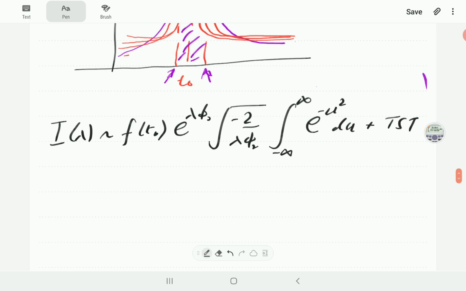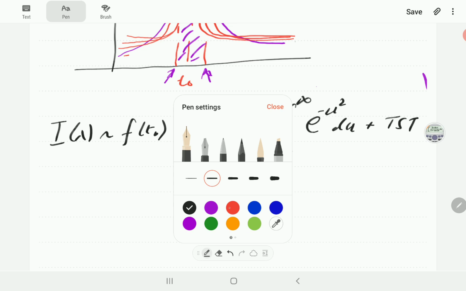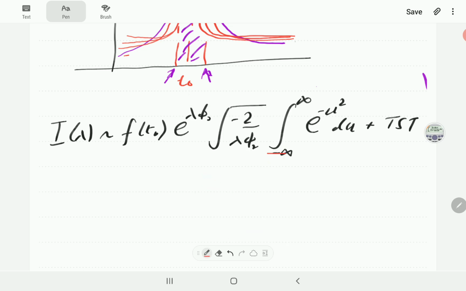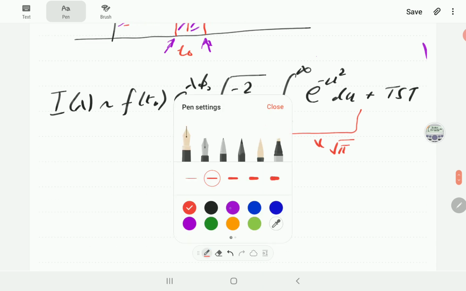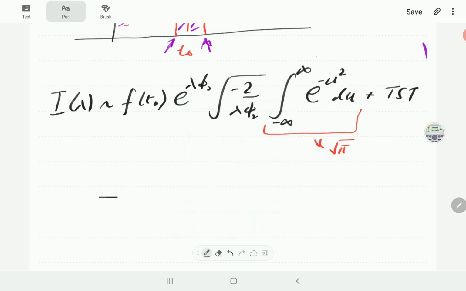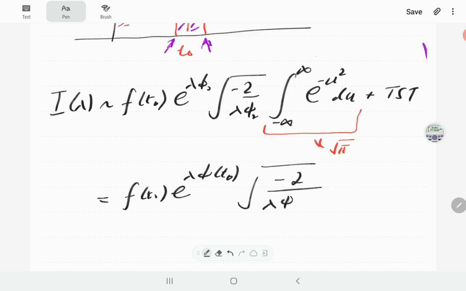Well, from our discussion on gamma functions, we've already established that this integral here is equal to square root pi. So from there, this is simply going to give us f of t naught e to the power phi at t naught times the square root of negative 2 over lambda phi double prime at t naught.